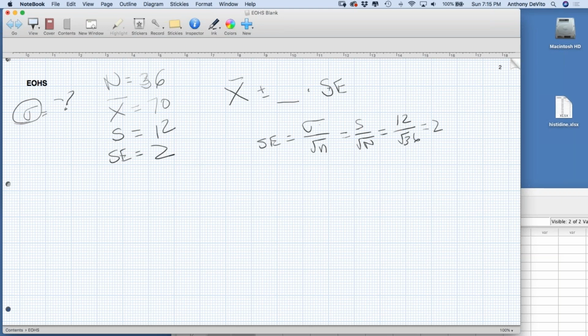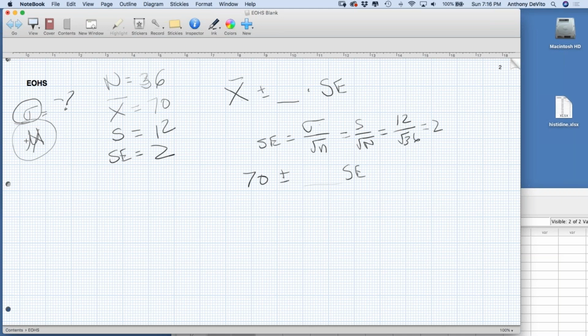Okay, so now we have to decide. We have x bar. We know what x bar is. X bar is in this case 70 plus or minus something times our standard error. Well, standard error really represents the number of standard deviations in which we would find 95% of the possible outcomes for the likely true mean, mu, of this population.